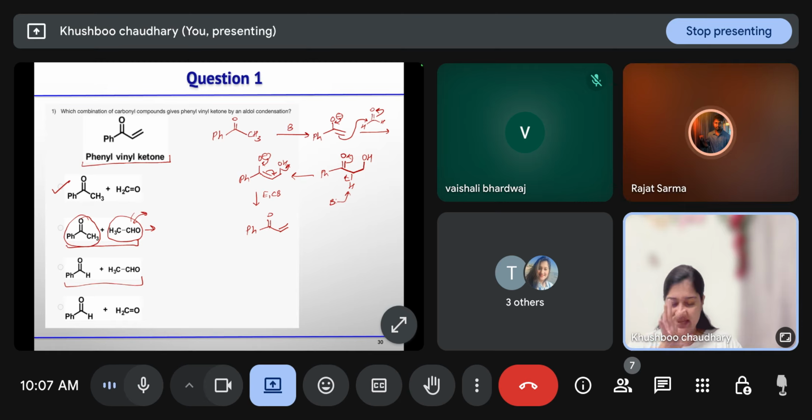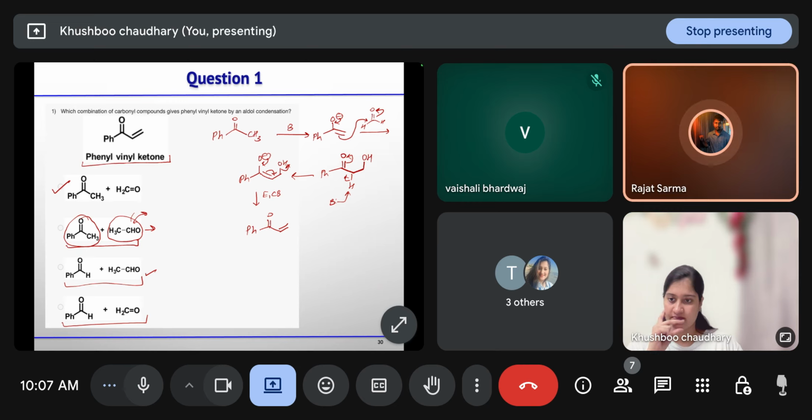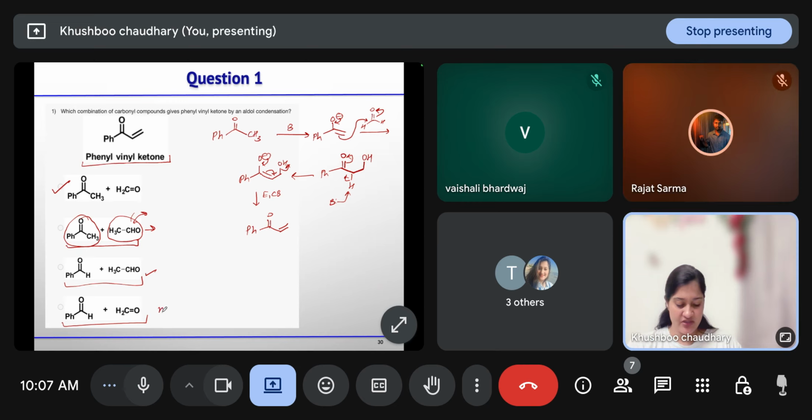Here some amount of self condensation product you will also get, but cross condensation will happen. Then in the last case, I think the reaction can't occur. Yes, here no aldol reaction will take place because there are no alpha protons.